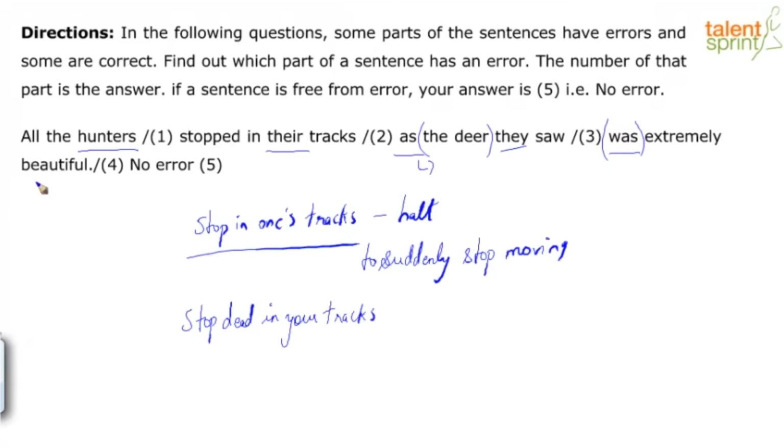So beautiful is the adjective, extremely is the adverb, kind of intensifying or telling me to what extent the deer was beautiful. So everything seems fine. Yes? So no error. So those of you who came back and said option 1, 2, 3, 4, there is no error. This question is error free. Yeah, it will be 5. So those of you who said 5, correct.